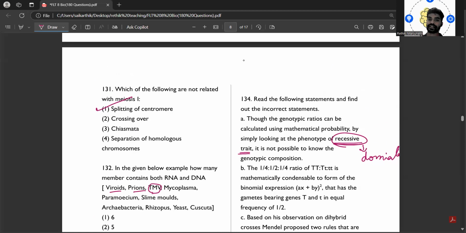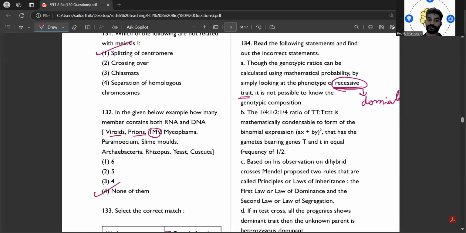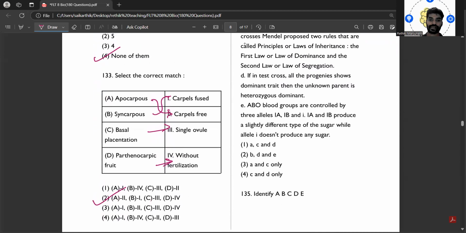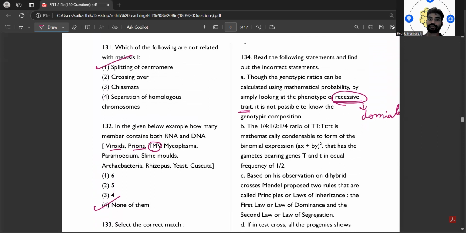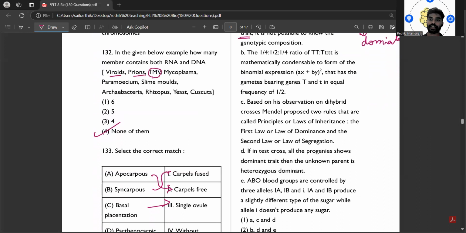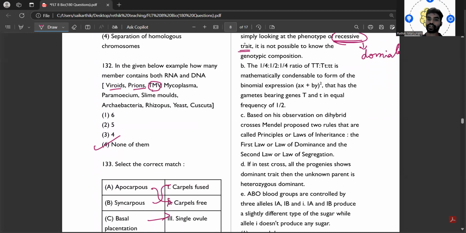So the first itself is the wrong statement. That is what you are supposed to find: the incorrect statement. Statement A is wrong, then B is correct. Based on his observation, he proposed two rules: the law of dominance and the law of segregation.